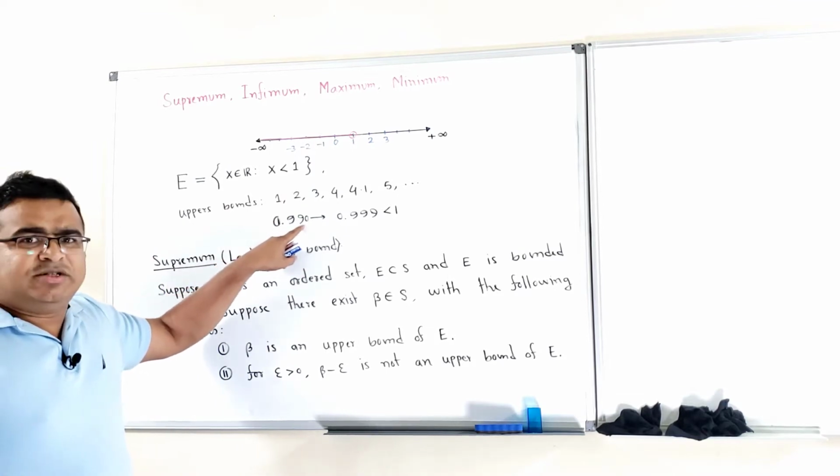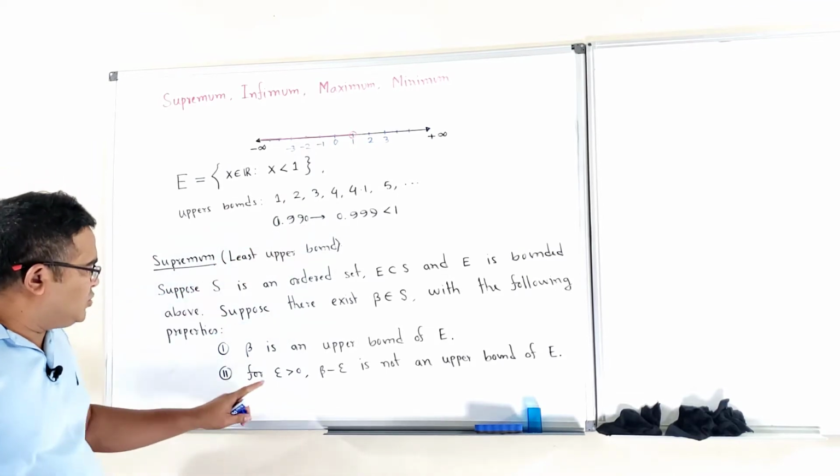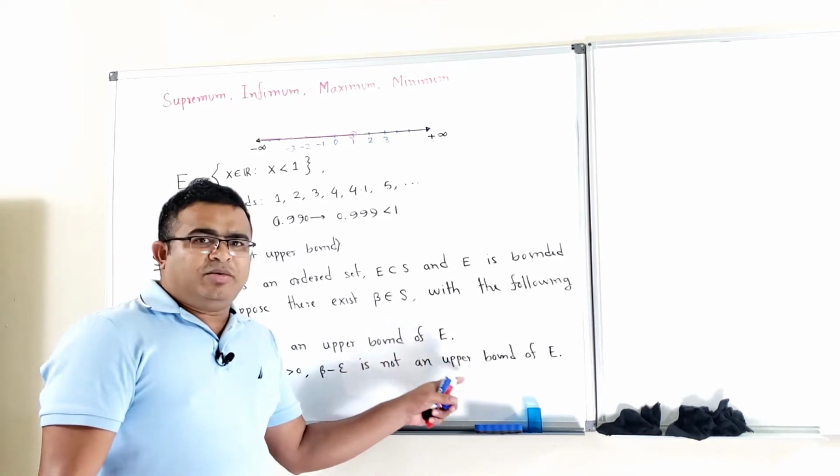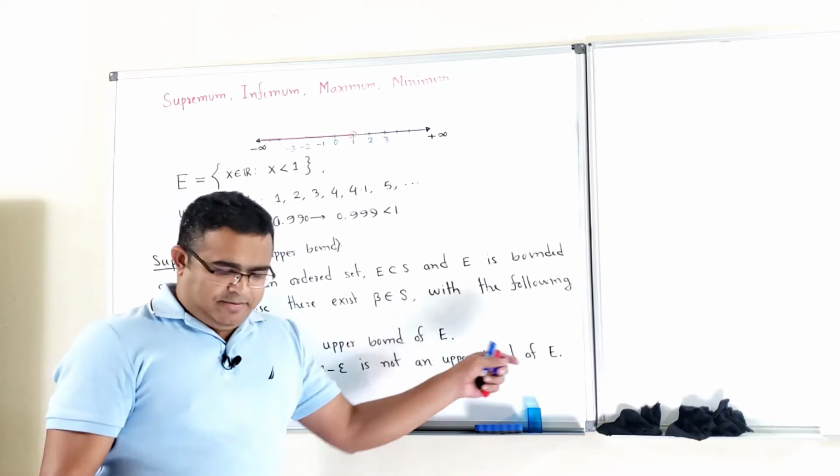So this is not an upper bound. So for epsilon more than 0, beta minus epsilon should not be an upper bound of the set E.